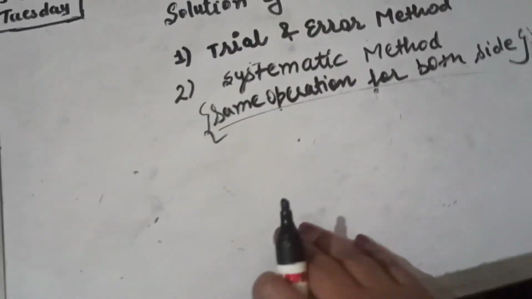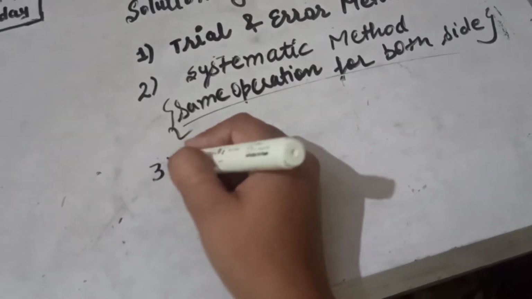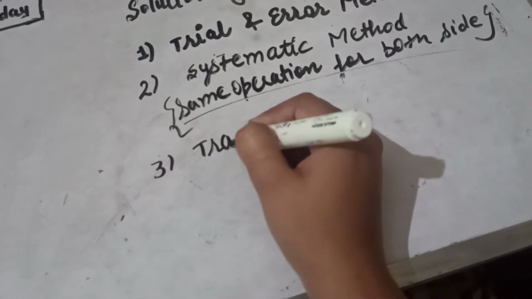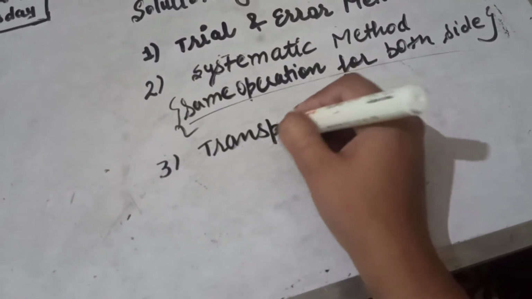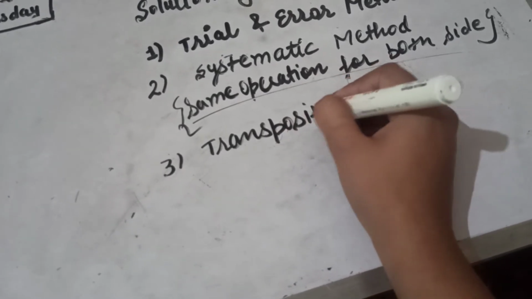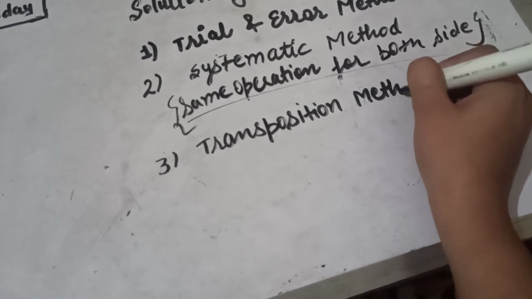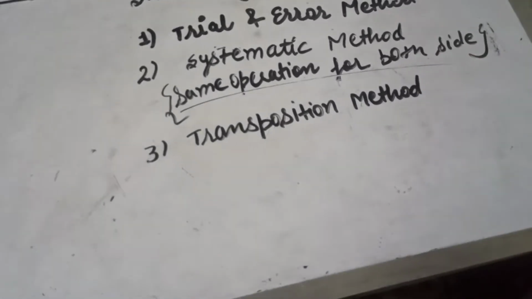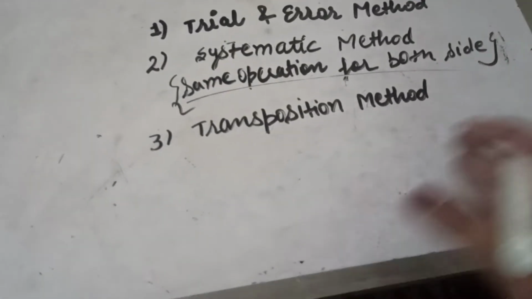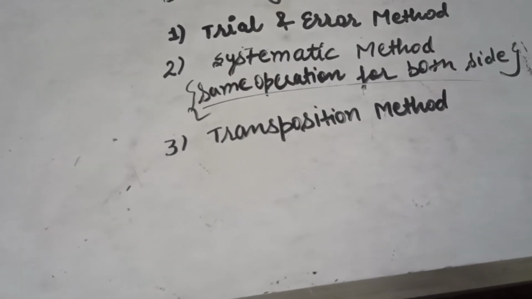Then third one, which is very easy, transposition method. In this method, what you have to do is just change the positions of the constant.